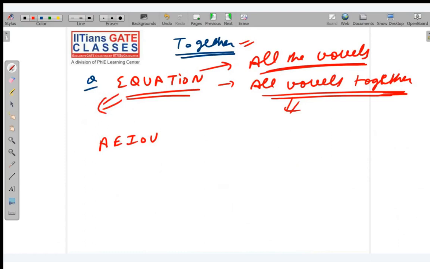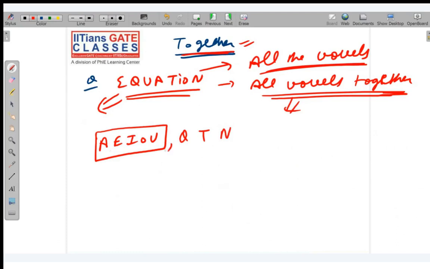Okay, anyhow, so all vowels together I'm saying now. Whenever we use the word together, you will simply apply glue over it. You will consider this as a box now. Apply glue between all of these, so they will not get separated. So you will consider it as a box, and what is remaining? Q, T, and N are remaining. That's it.